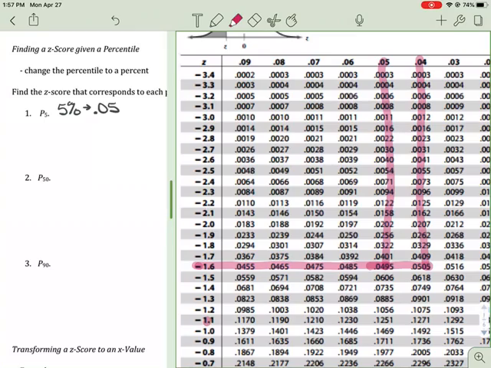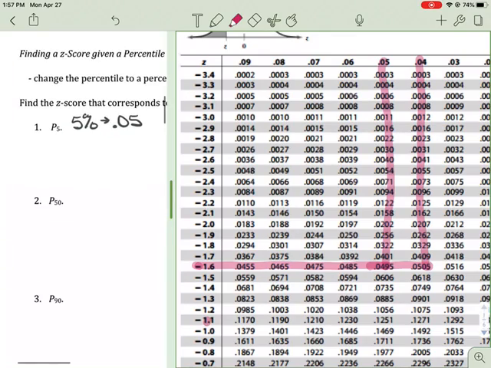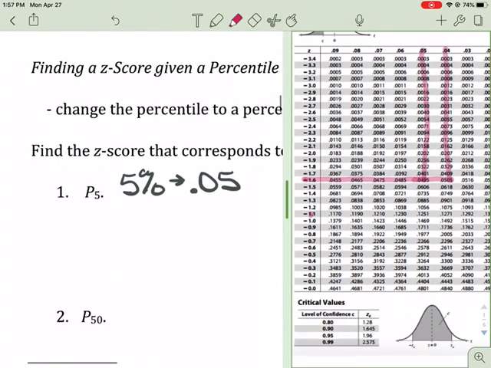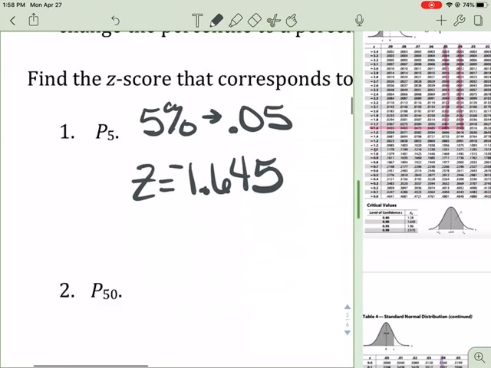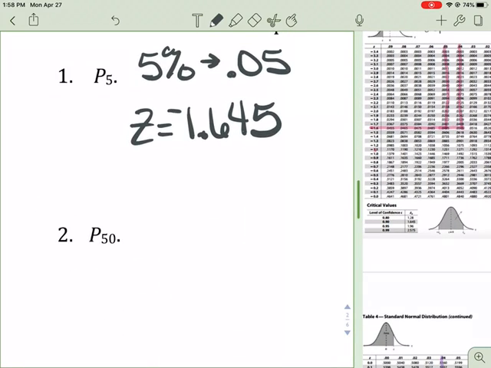Because it is exactly in the middle, we can make our z 1.645. So this is going to be negative 1.645. And we can only put that 5 there at the end if it's exactly in between the two numbers. Otherwise, pick the one that's closest.